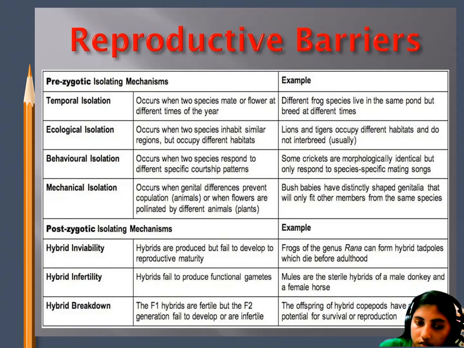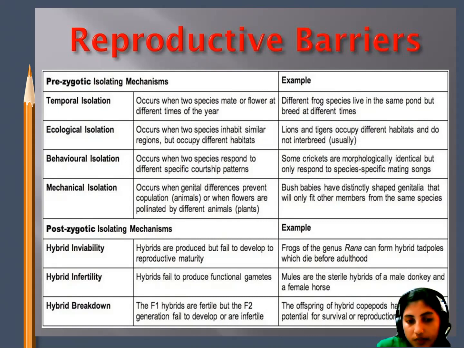Post-zygotic isolation, we have hybrid inviability. Hybrids are produced but fail to develop to reproductive maturity. Then we have hybrid infertility. Hybrids fail to produce functional gametes. For example, when a male donkey is going to mate with a female horse, a mule will be produced, which will be a sterile hybrid.